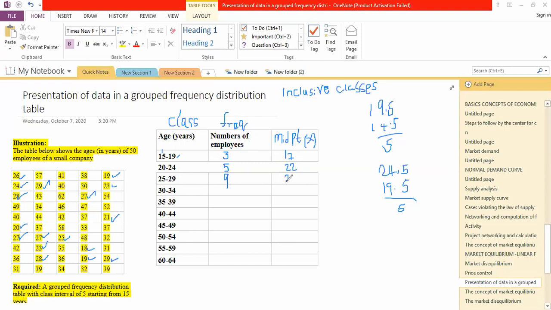Divide by 2, 27. 30, 34, 64, 32 as the midway in that class. 37. 40, 44, 42. 45, 49, that is 94, 47. 50, 54, that is 102, 52.